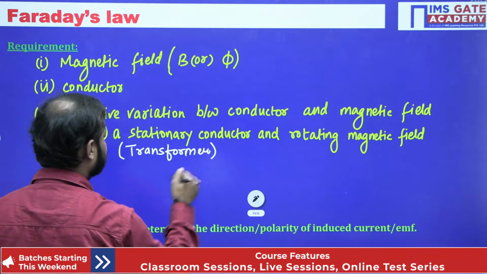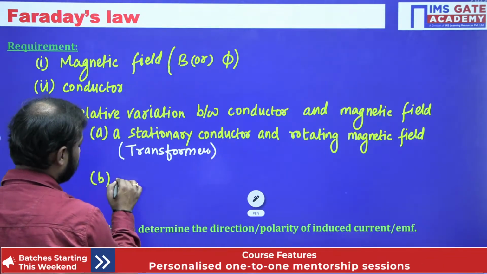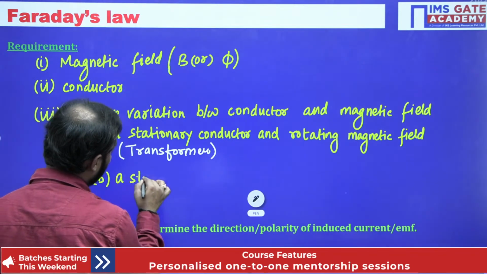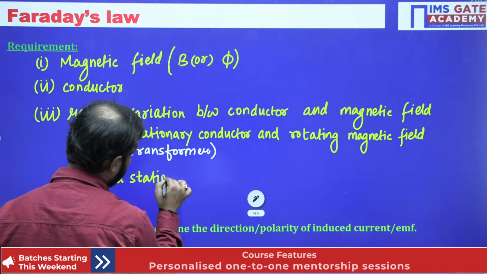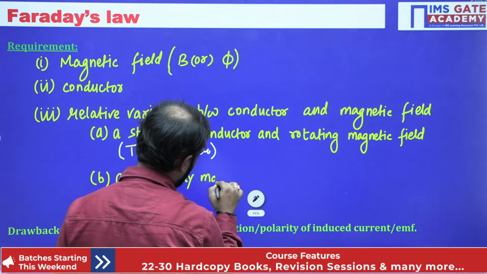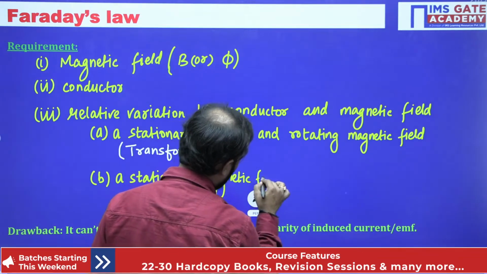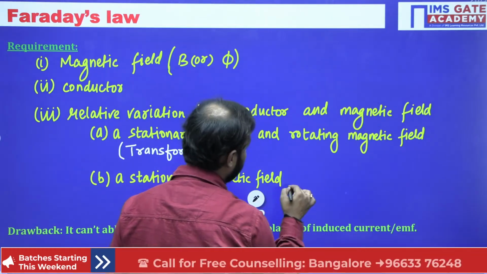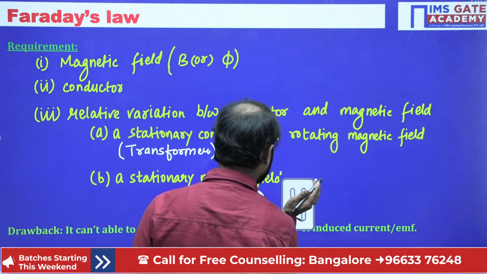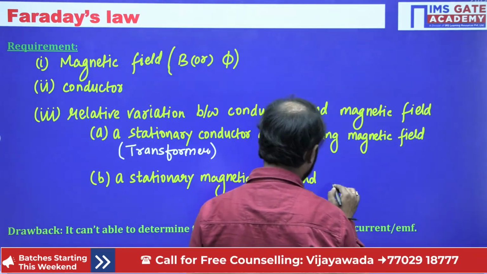And the second one is to interchange these two: a stationary magnetic field and a moving conductor.